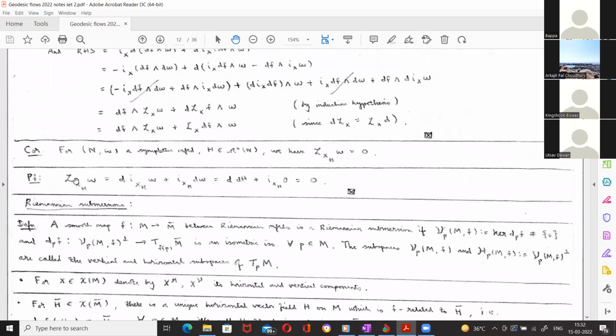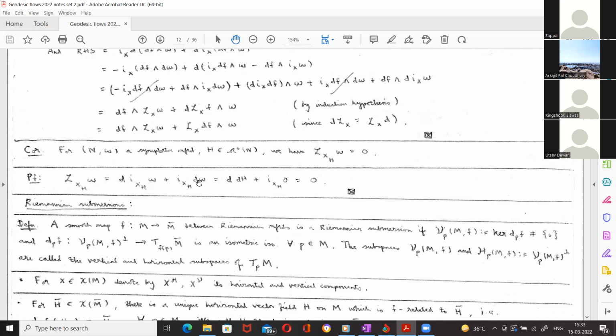Why is this? Because L_{X_H} of omega is d of i_{X_H} omega plus i_{X_H} of d omega. But now i_{X_H} of omega is dH. So this becomes d of dH plus i_{X_H} of d omega.